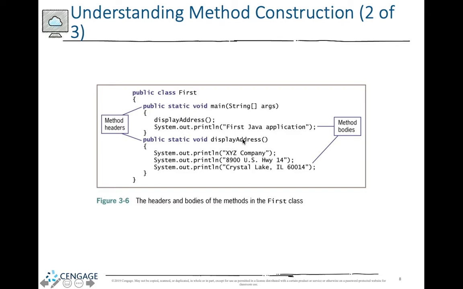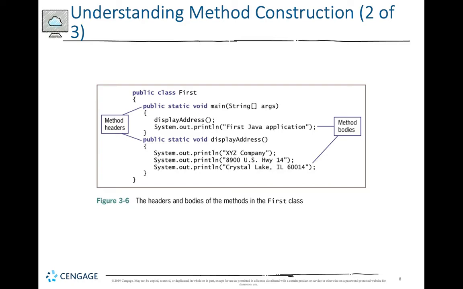If this display address was not static, in order for the call of that method to exist inside of the public static void main method, you would have to instantiate the first class. Okay? So it's static, and so you don't have to do that. Okay? You always want to remember that difference between a static method and a non-static method.